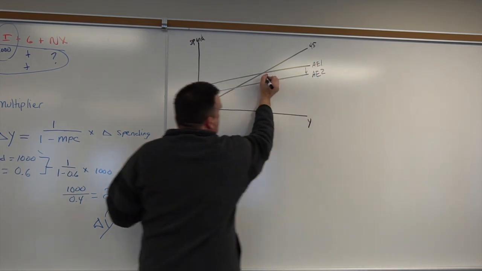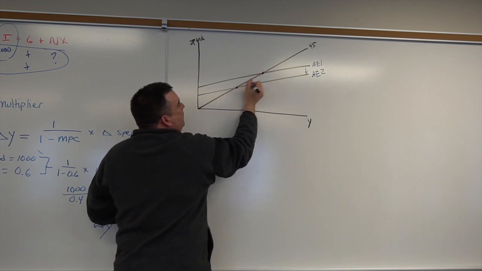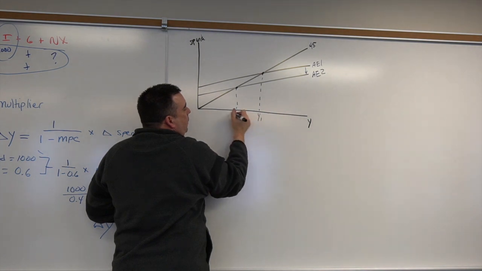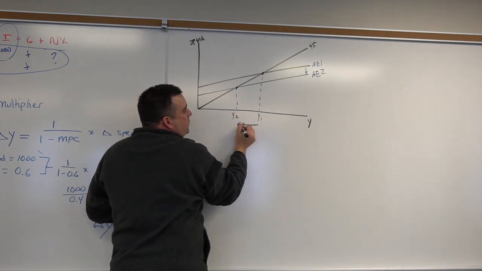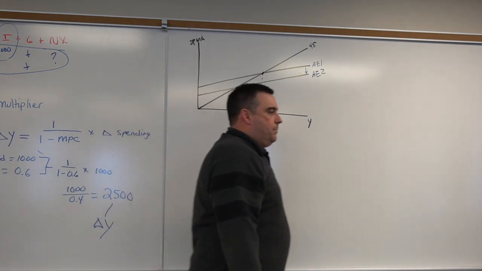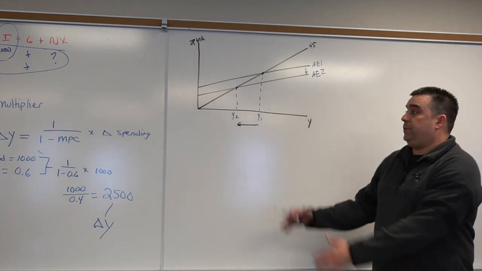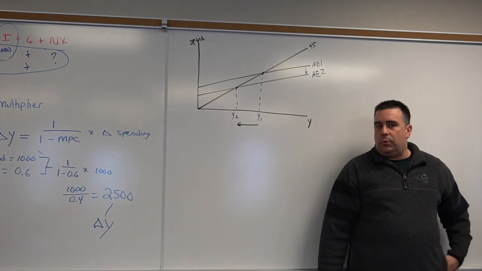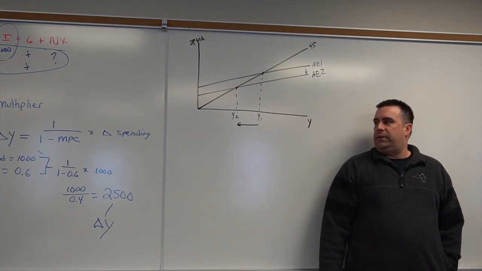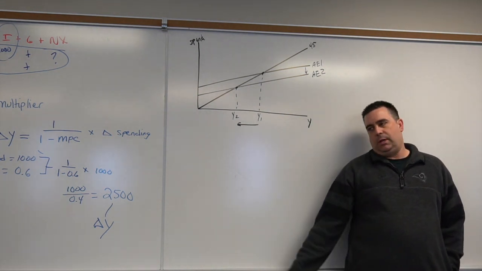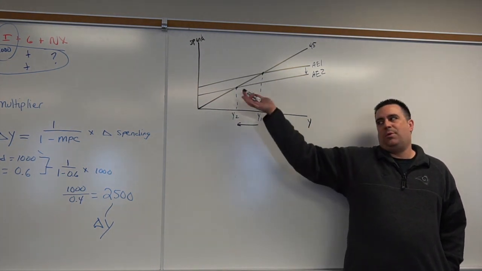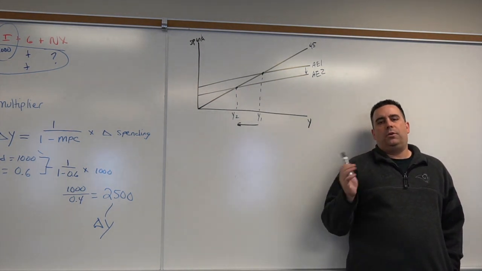And you'll notice that that would put pressure on Y to fall from Y1 to Y2. We've never really seen that. Again, the data just doesn't show that either one of those are true. If you look at spending over time, it's always gone up. If you look at GDP over time, it's always gone up. But again, if we wanted to show it, we could in this model.